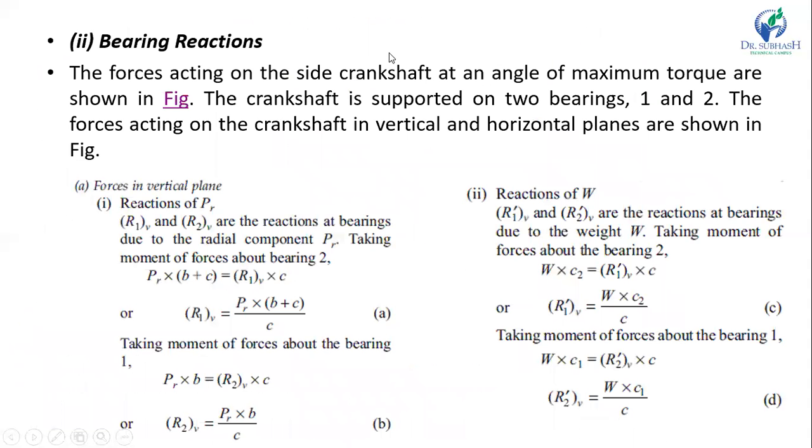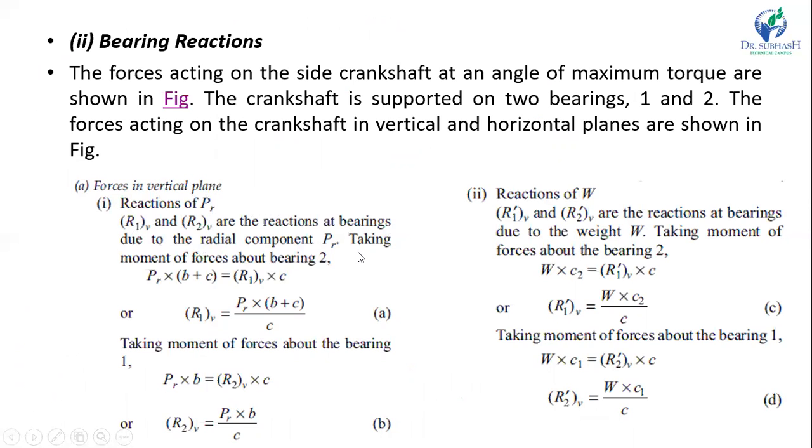The crankshaft is supported on two bearings, 1 and 2. Now the forces in the vertical plane: R1V and R2V are the reactions at the bearings due to the radial component PR.